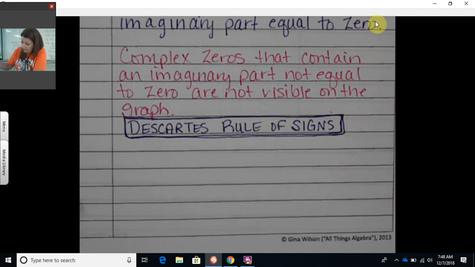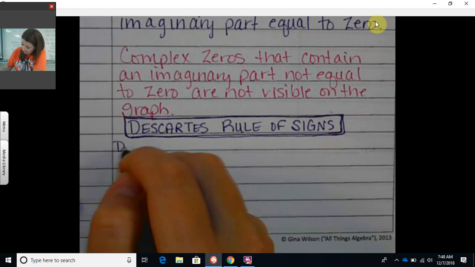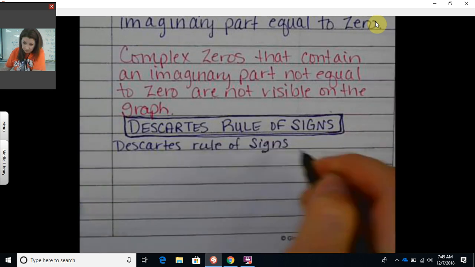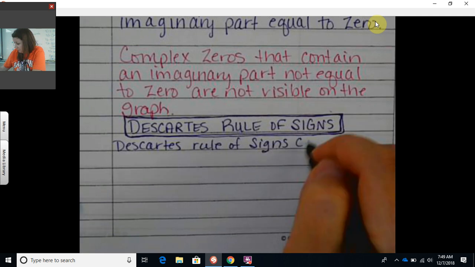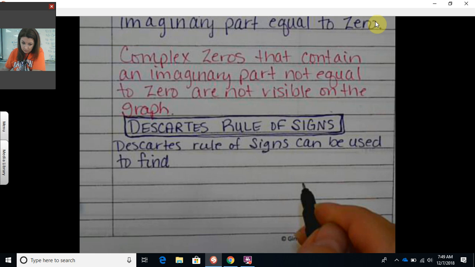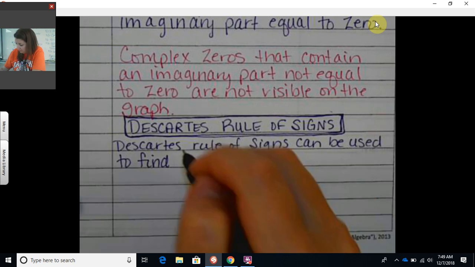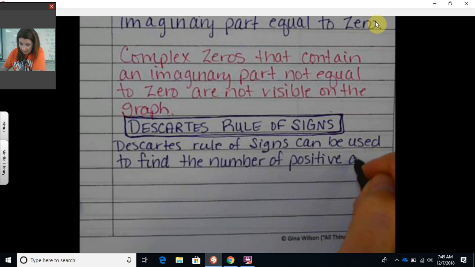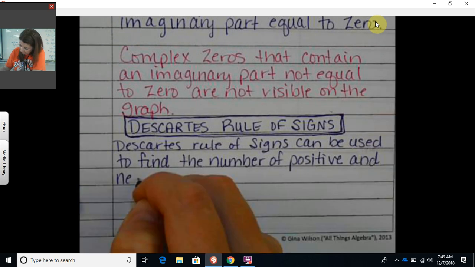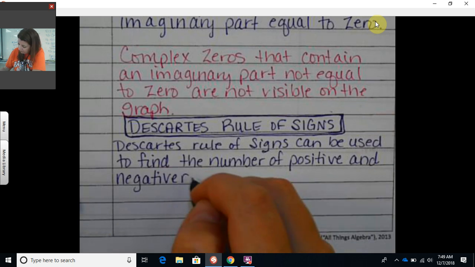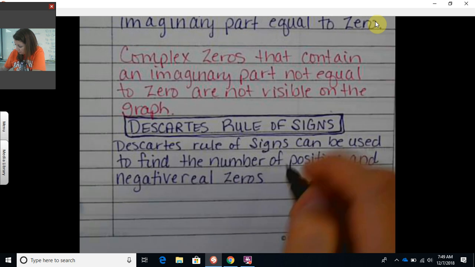And Descartes' rule of signs can be used to find the number of positive and negative real zeros of a polynomial function.